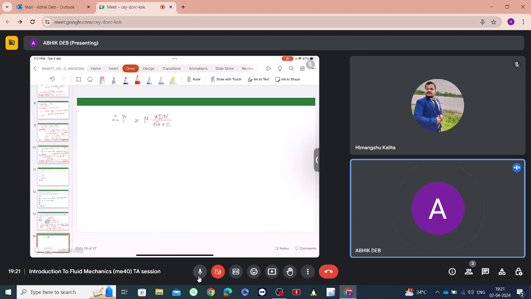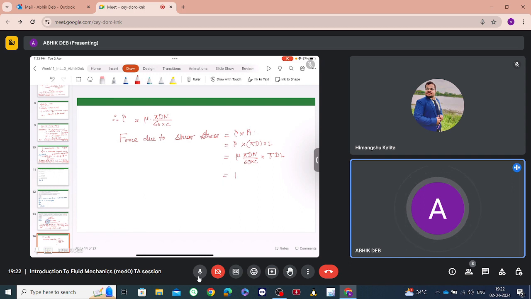So the force due to shear stress is equal to tau into area, that is tau into pi into diameter d into L. What is tau? Tau is mu into pi dn by 60 into c, and this multiplied by pi dL.